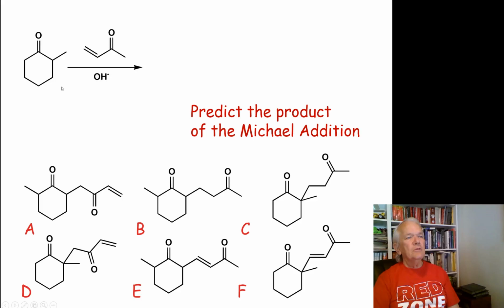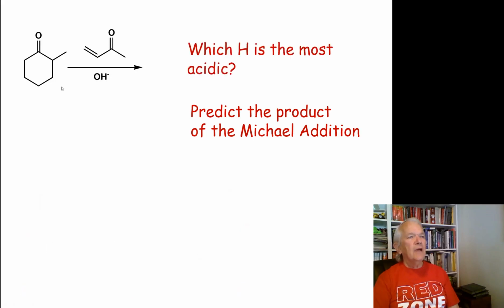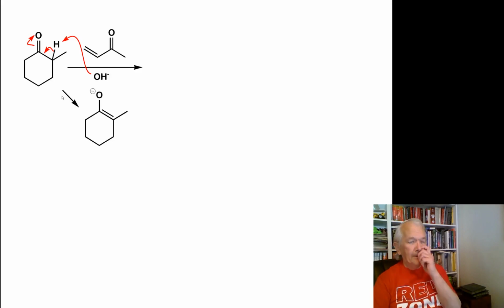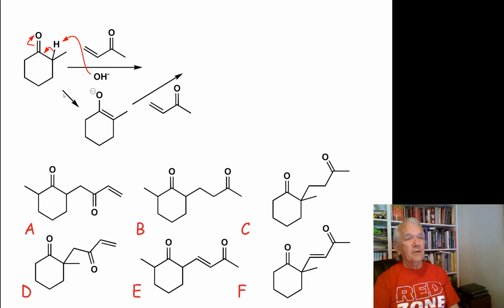Which one is most stable depends upon which hydrogen is the most acidic, which is another way of saying which anion is more stable. Asking which hydrogen is most acidic is the same as asking which enolate is the most stable. And of course, the enolate with more substituents will be the more stable one. So that's the proton we want to pull off. So there's our enolate. Now you want to do the conjugate addition. What product are you going to form?